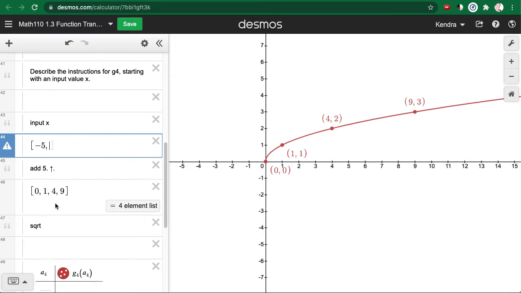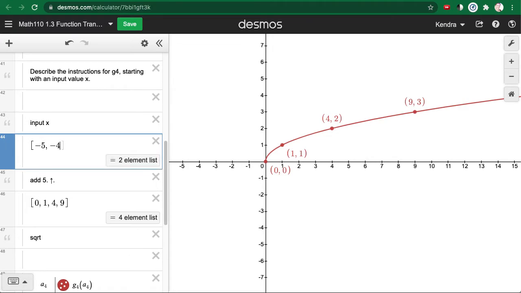And if I want to end up with a 1 after adding 5, then that means I need to subtract 5 and input a -4 into my x value. I hope you're seeing this. If you are having trouble understanding where I'm coming from, pause the video, go back 30 seconds, and just spend some time actually thinking about this.